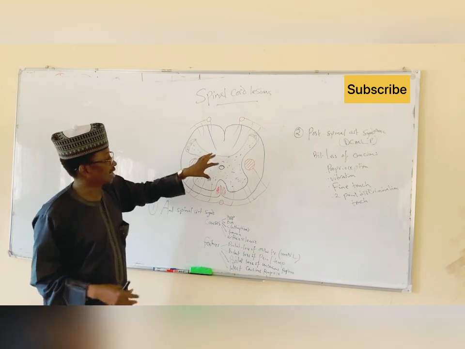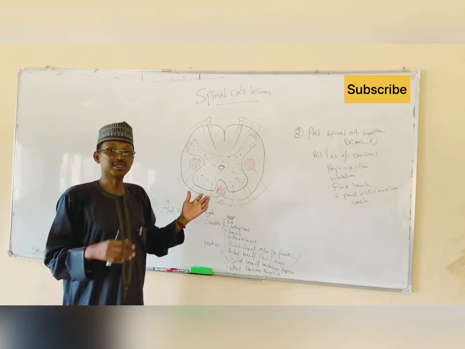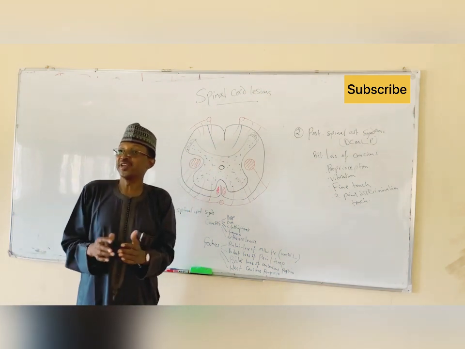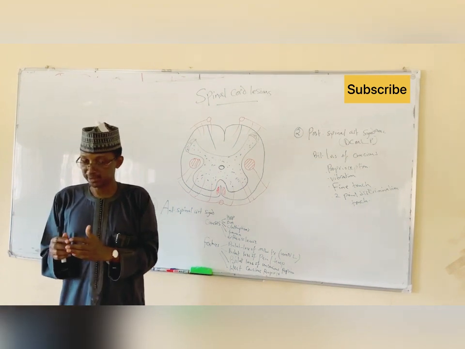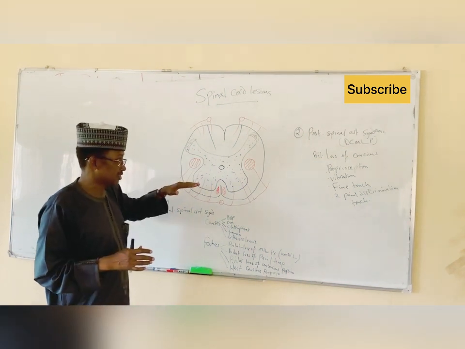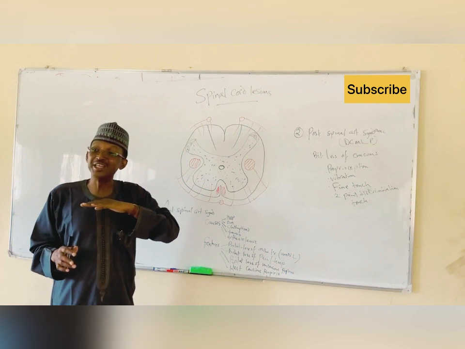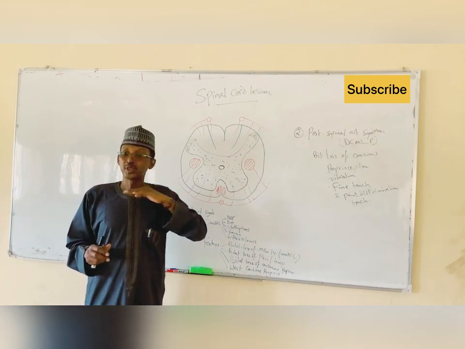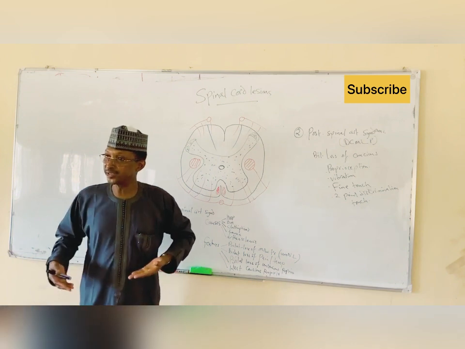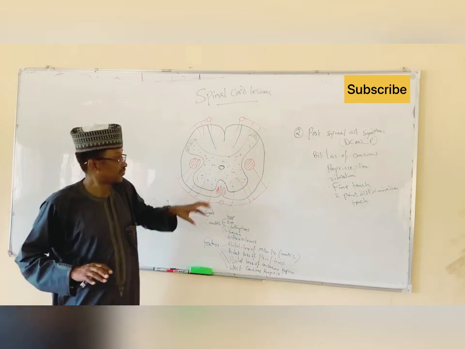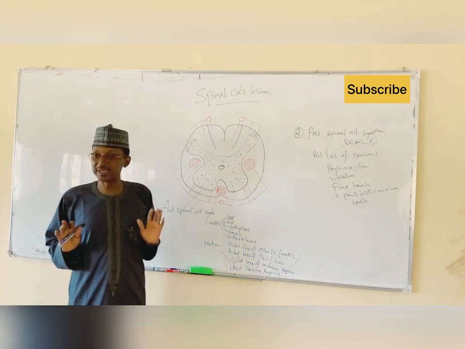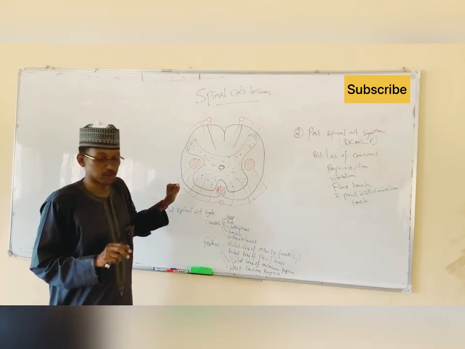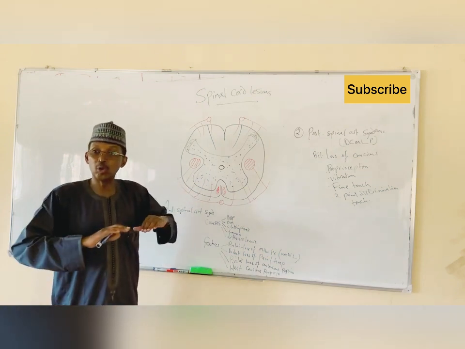So the gray matter of the spinal cord is made up of a figure H-shaped structure. When you cut the spinal cord at any part of it, either the cervical region, thoracic region, lumbar region, whatever region, that figure H shape is still maintained. The only thing that is going to differ is the size of the horns.